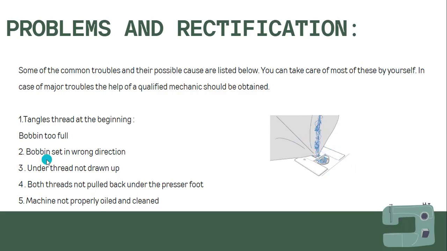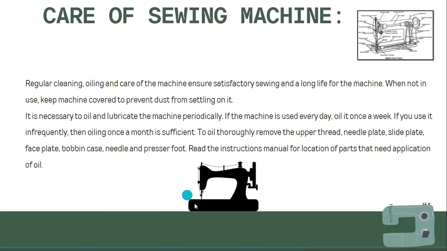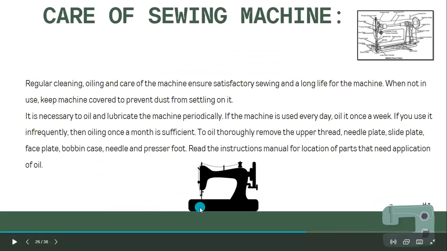The bobbin is set in the wrong direction. That is another problem. The under thread is not drawn up. This is where the bobbin will be, and the thread is drawn up from the bobbin to the needle bar over here, so that the stitch is formed.